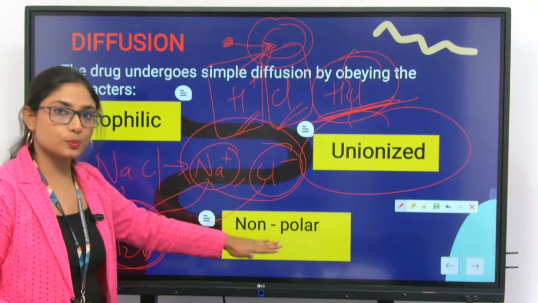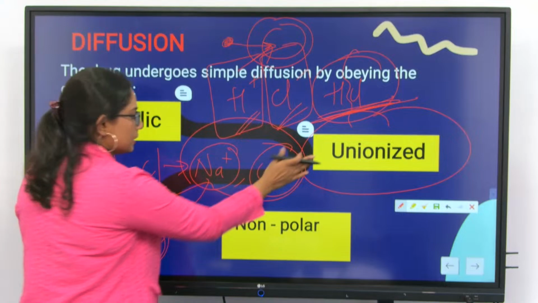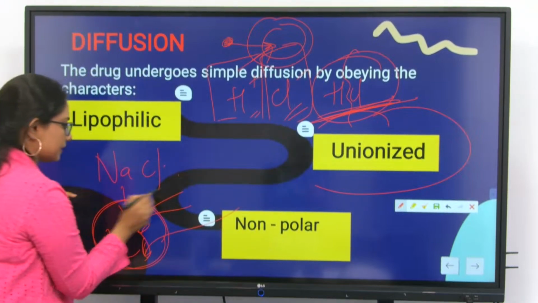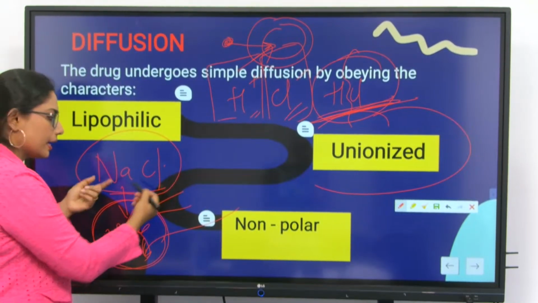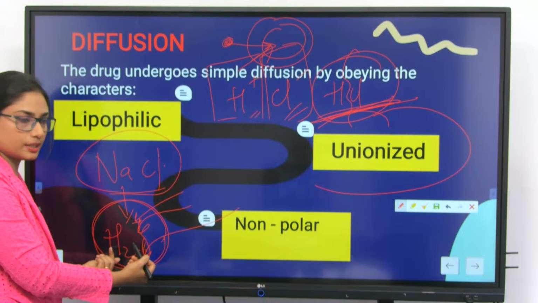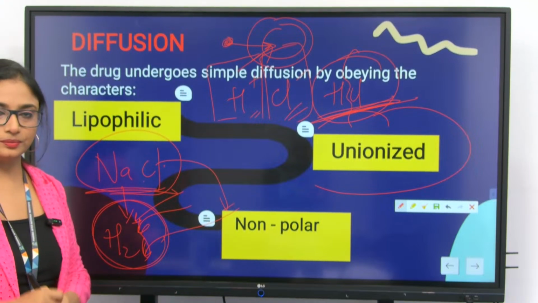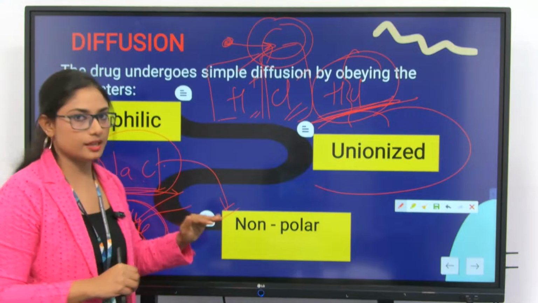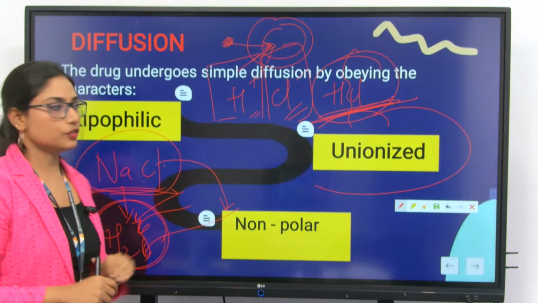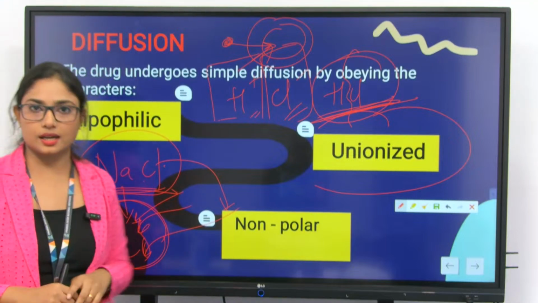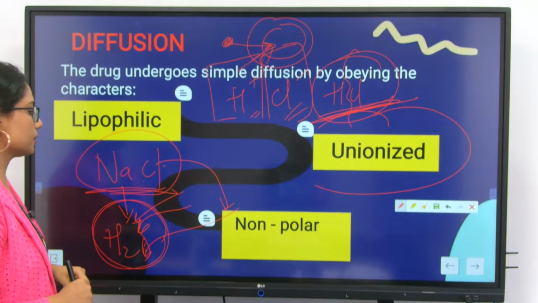And what is non-polarity? If the drug stays in an unionized state without forming ions, it cannot form bonds with water, isn't it? So I can say this is non-polar in nature. These are the three important factors for easy diffusion of a drug. The first one is lipophilic.